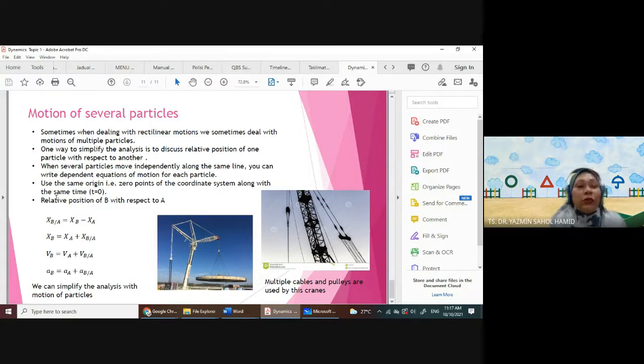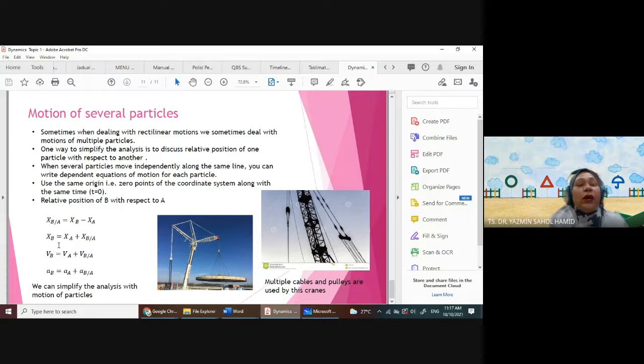So when we do that, we have this formula. The relative position of B with respect to A: x refers to position, v is velocity, and a is acceleration. The position of B with respect to A is x_B/A equals x_B minus x_A. If you want to find x_B, it equals x_A plus x_B/A.